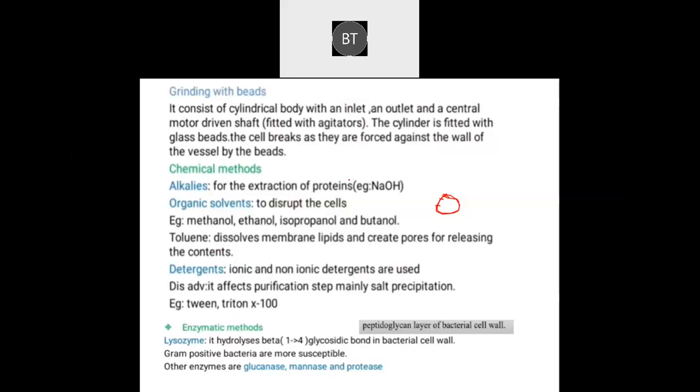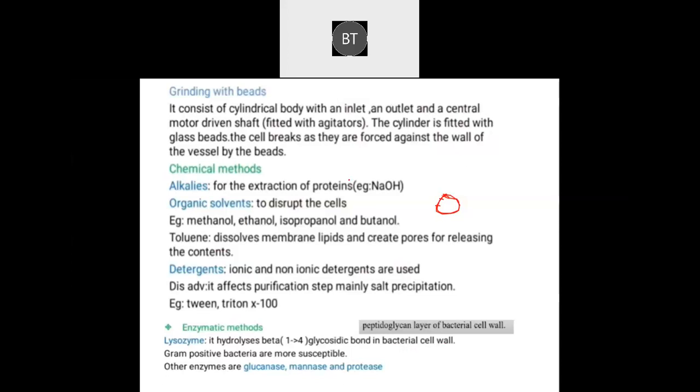And lastly, another important technique is enzymatic lysis. In enzymatic lysis, the cell walls are broken down by using enzymes. Previously we said that we are going to use alkalis or acids or organic solvents or detergents. Apart from these, you can use enzymes.